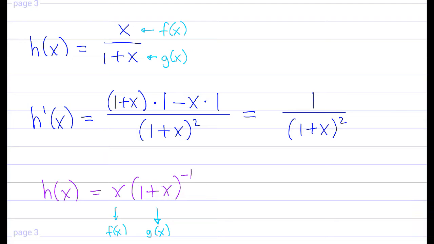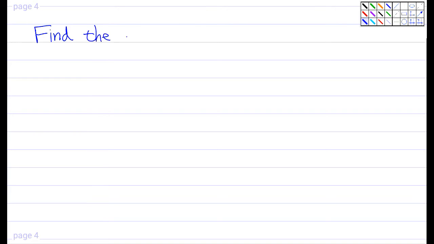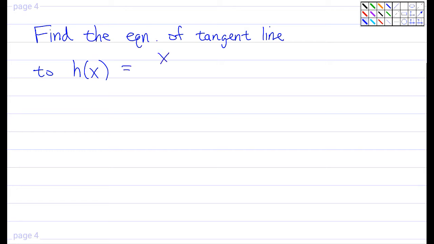Okay, let's do a final example. Now this is more of a word problem. And this is a classic thing to do with derivatives. So we want to find the equation of the tangent line to the function h of x equals x over 1 plus x at x equals 1.